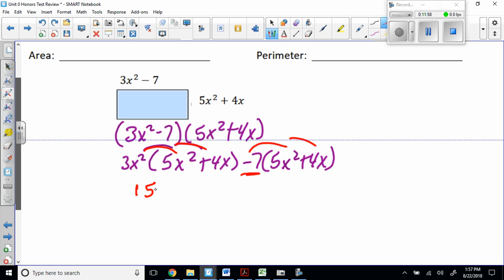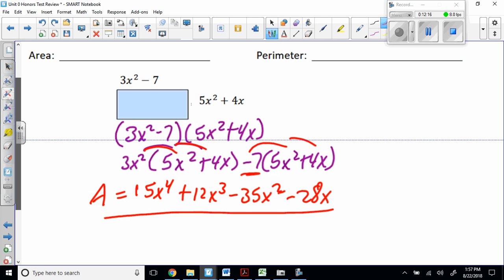So that is 15x to the fourth plus 12x cubed. And that's minus 35x what? Squared minus 28 what? X. Do I have any like terms to combine? No. So here's my area right there. Questions? How'd you do?